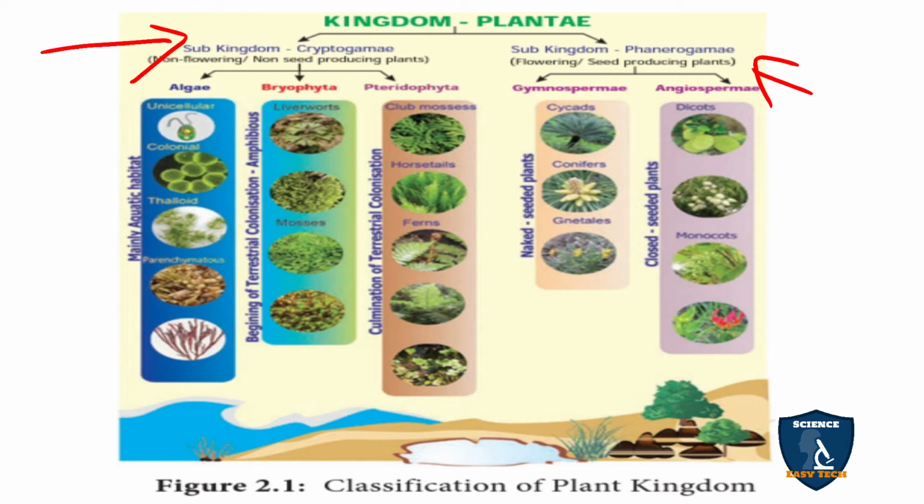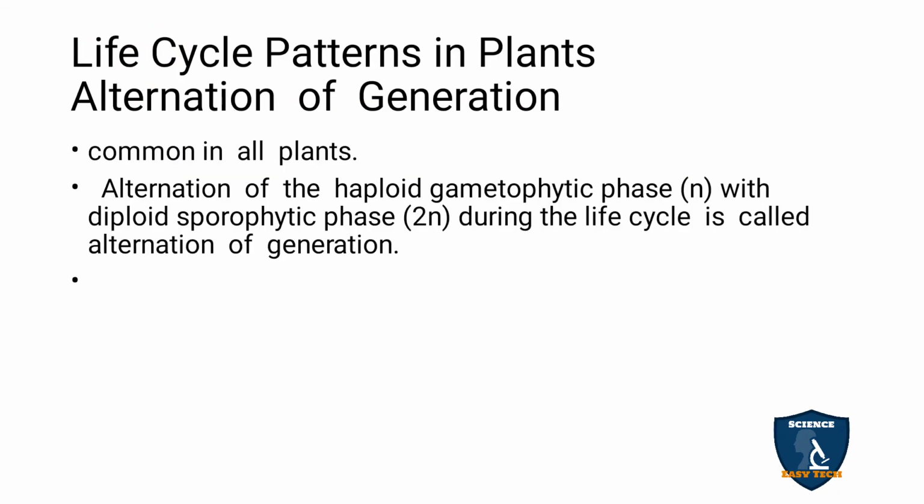The cryptogams are classified into three: algae, bryophytes and pteridophytes. They are non-flowering plants. Phanerogams are classified into gymnosperms and angiosperms. They are flowering plants. So this is the classification of the plant kingdom.